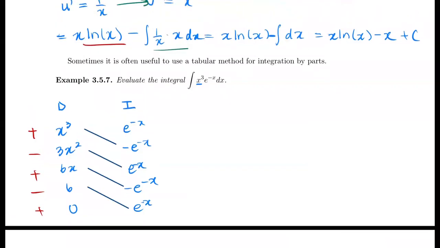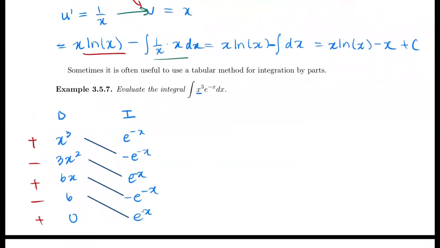If we were to integrate this now, we could just go ahead and put it in order. The first one, we have negative x cubed multiplied by e negative x. The second one, we have negative 3x squared multiplied by e to the power of negative x.